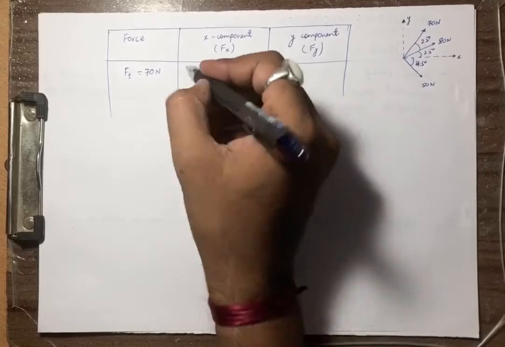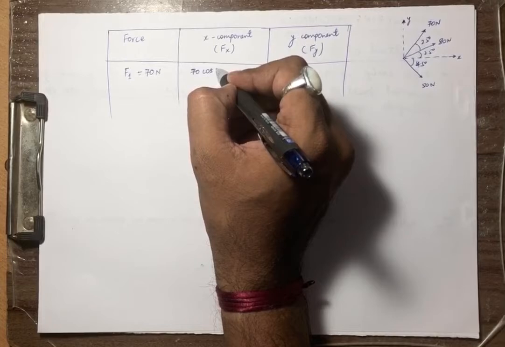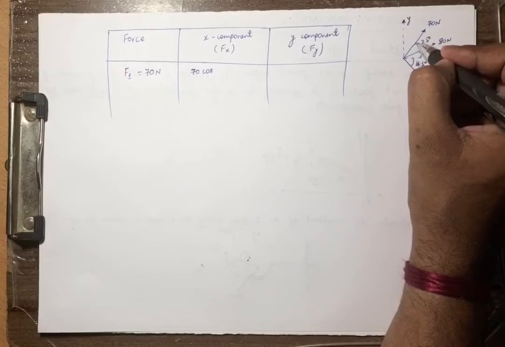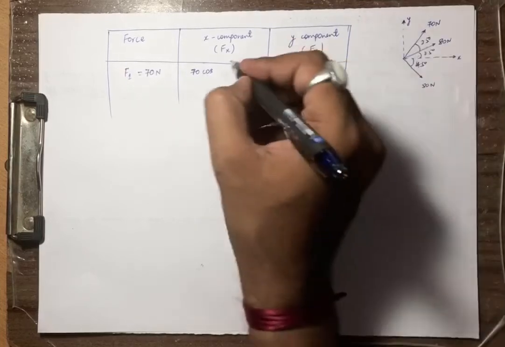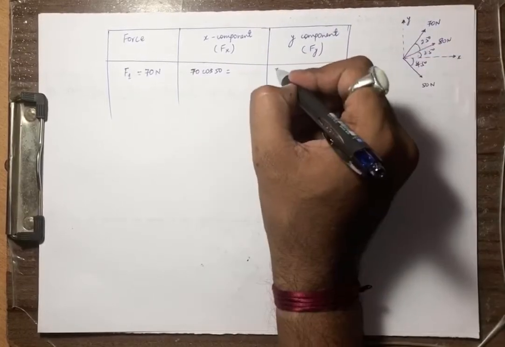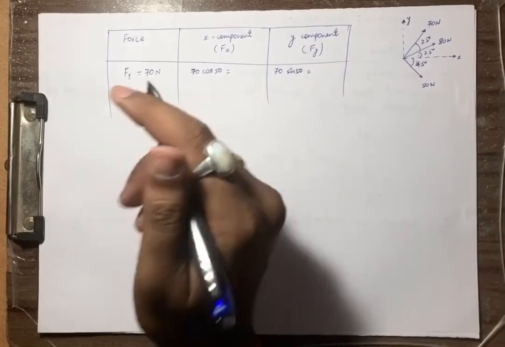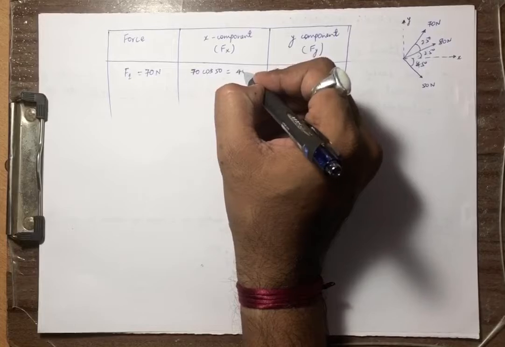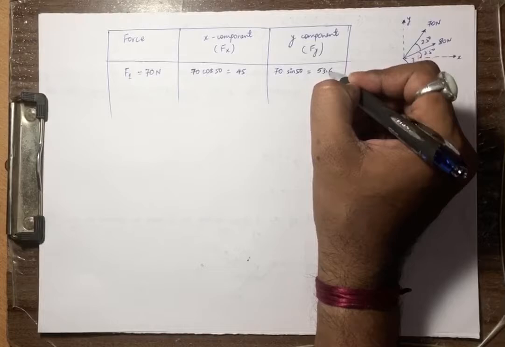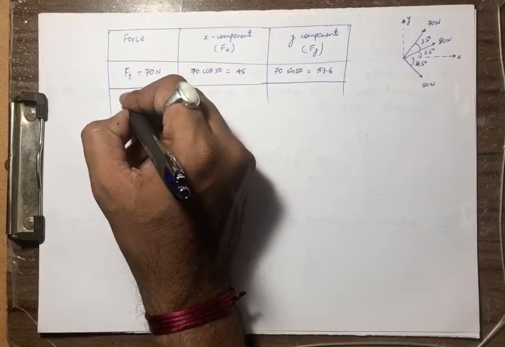So when we write 70 cos, the angle will be from positive x-axis. So positive x-axis, this is 25 and this is 25. The total is cos 50. And here 70 sin 50. So this is 45, this is 53.6. So we have resolved force number 1.